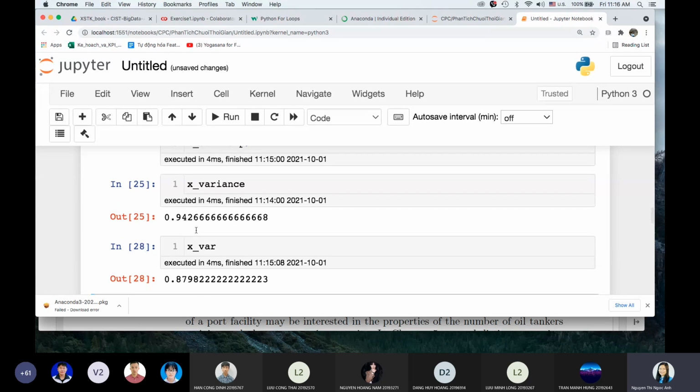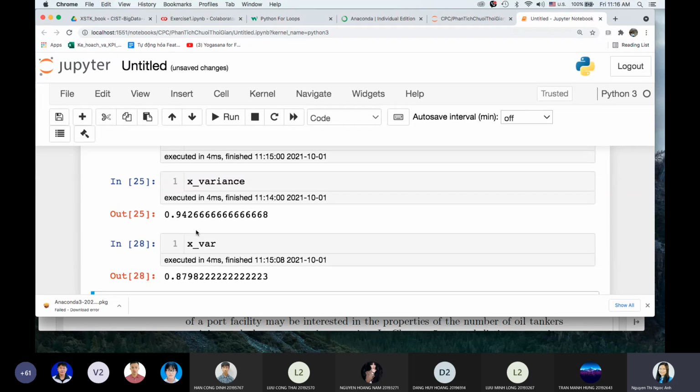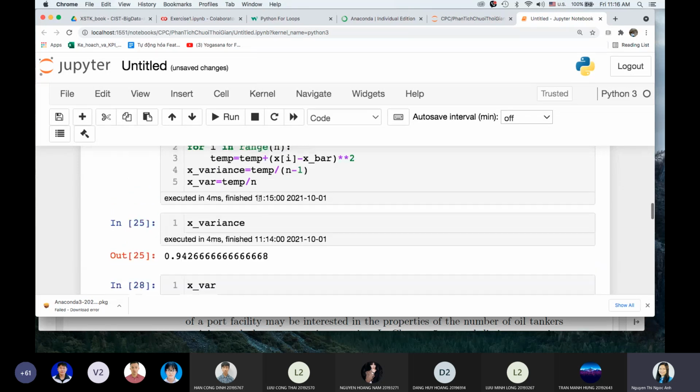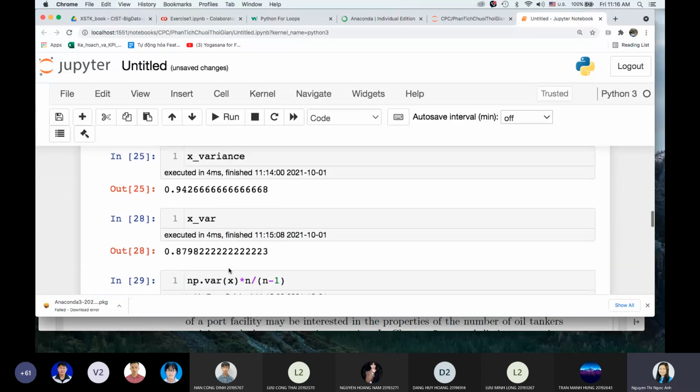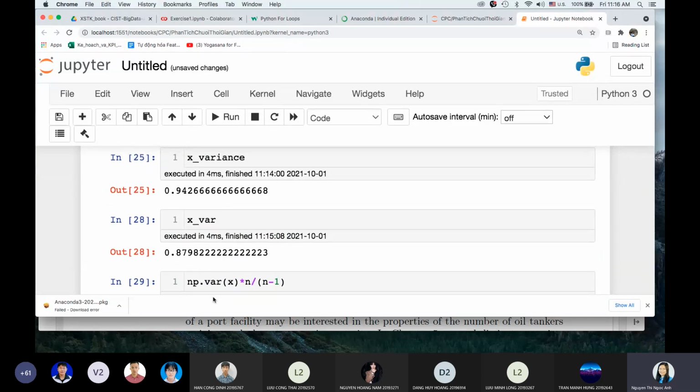However, when we use the sample variance, we have it over n minus 1. So you have to take that term, n over n minus 1.